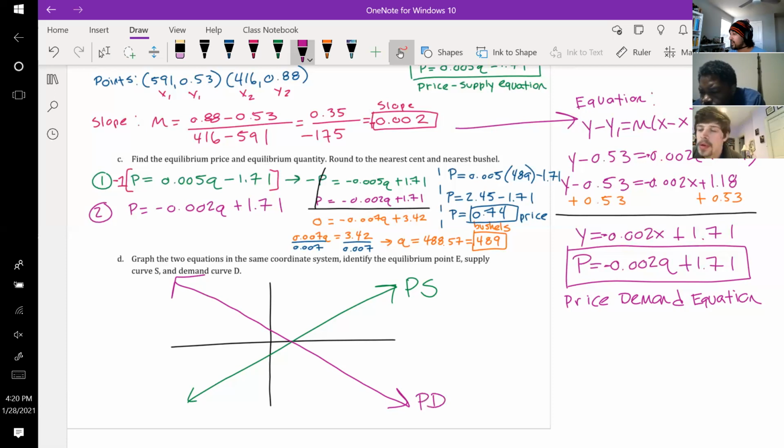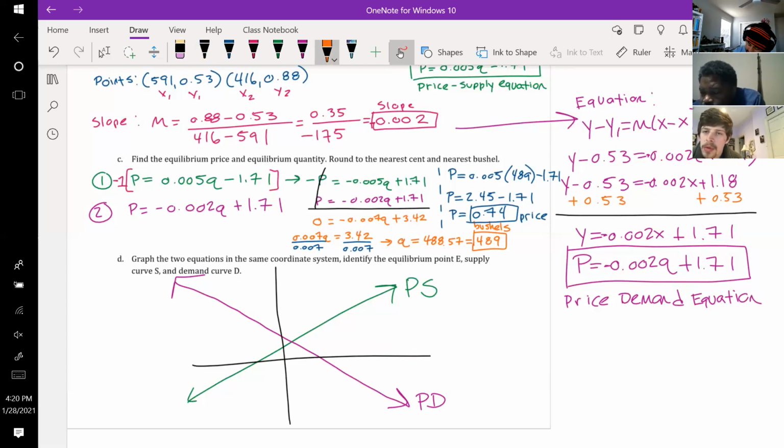And basically what we're saying is right where they intersect is what? My equilibrium price. So here, I'll just redraw this part just a little bit. I'll say this looks like that. How about that? Sure.